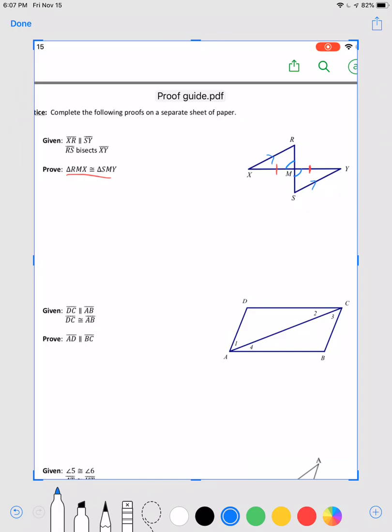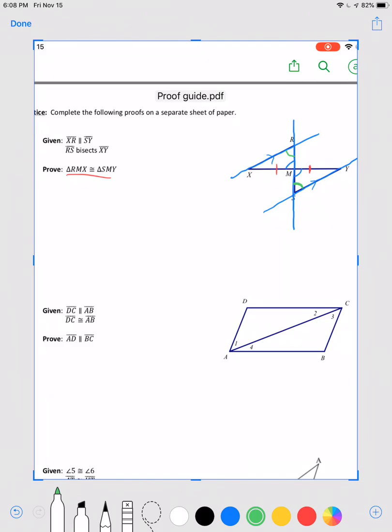And then if we go back and use the fact that XR is parallel to SY, and that RS is a transversal of those two lines, then we can also say that this angle right here in green and this angle right here in green are congruent because they are alternate interior angles.